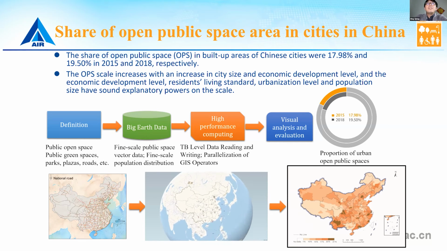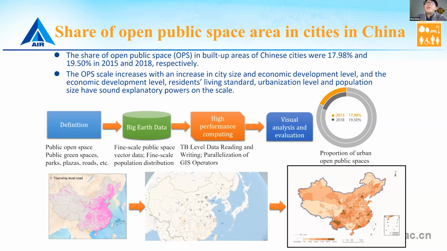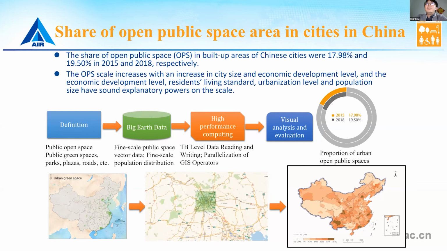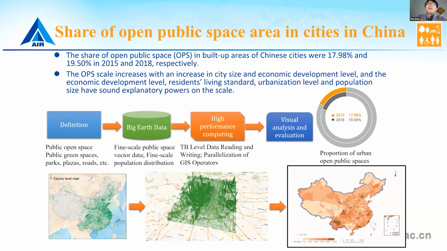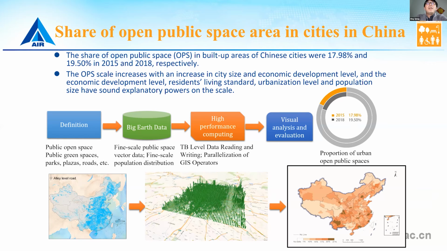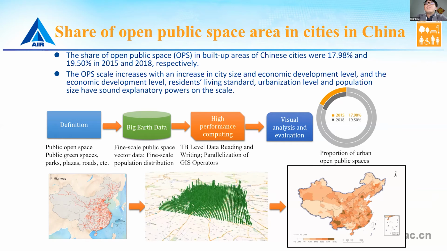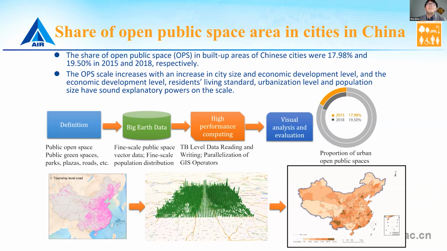It shows that the share of open public space in built up region in Chinese cities was around 18% in 2015, and comes to 19.5% in 2018 respectively. So it shows it was improved gradually.